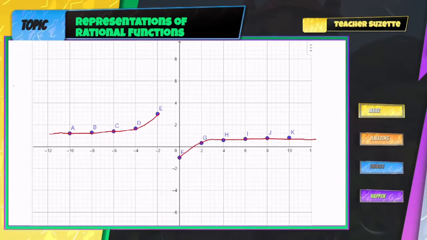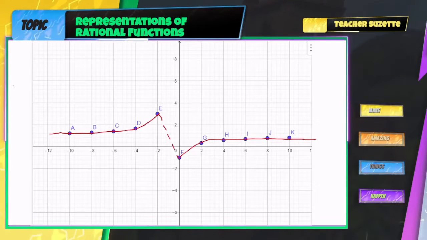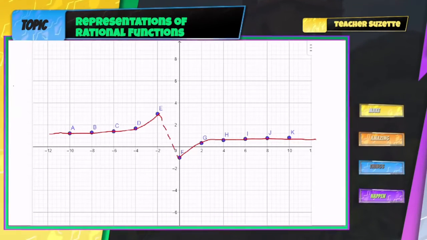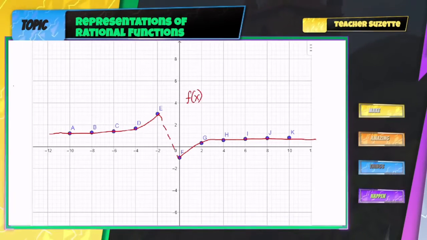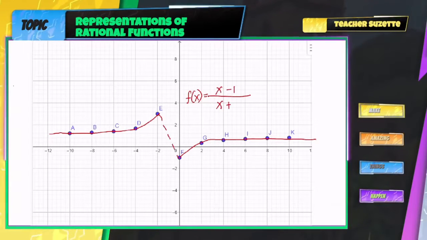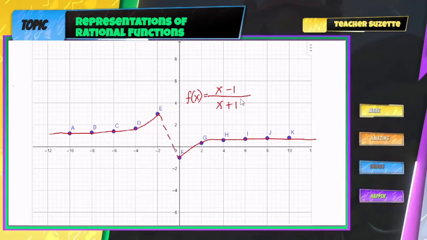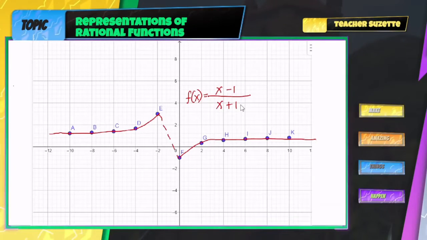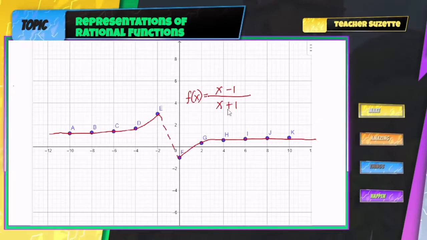So you might wonder, bakit po ma'am hindi natin connect yung points from E to F? Saan po nag-originate yung reason kung bakit hindi natin siya connect? Actually, from our function. Our function is f of x is equal to x minus 1 over x plus 1. And remember, this is a rational function. And from the definition of the rational function, sabi doon, that your denominator should not be equal to 0.